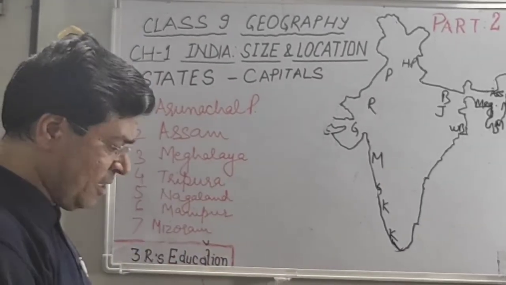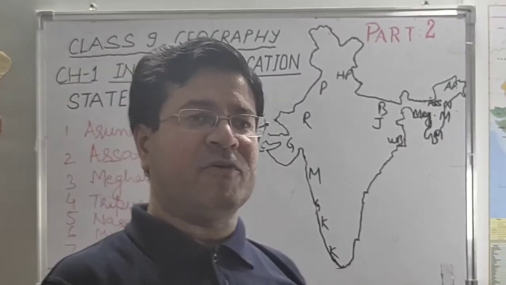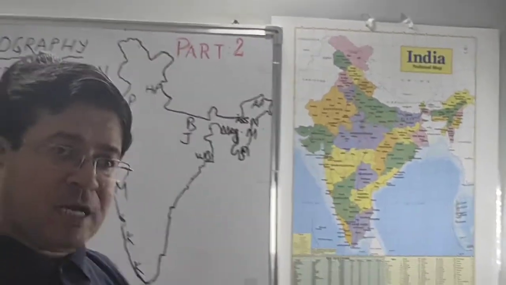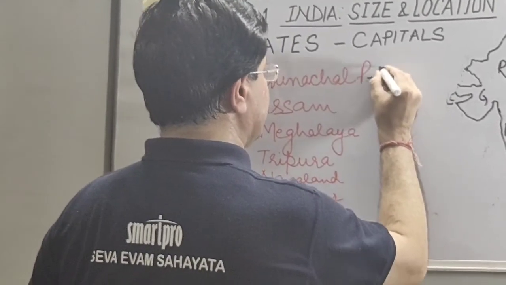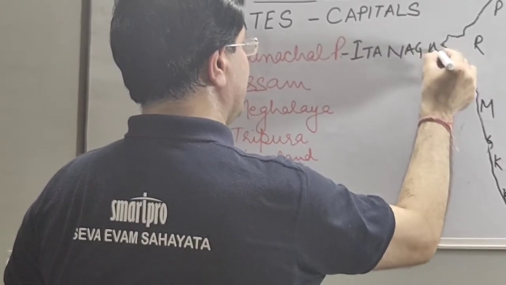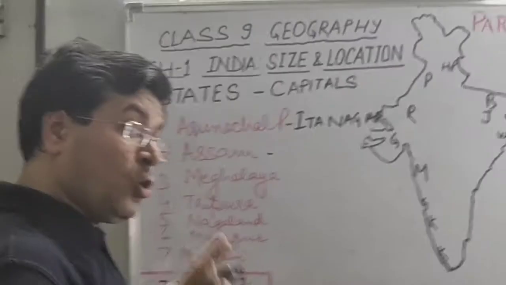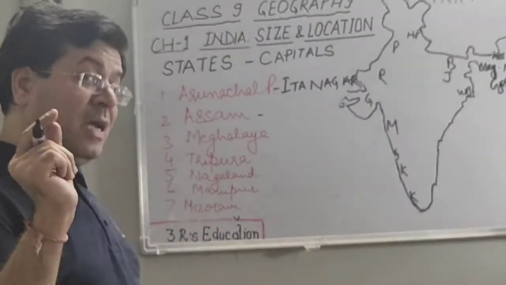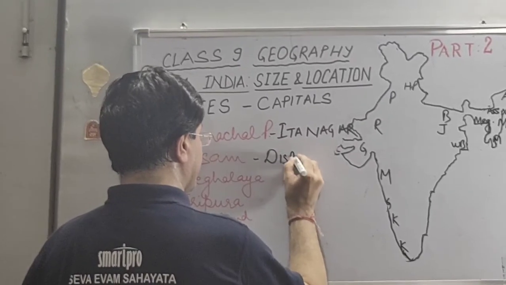So these 7 states are there, and sometimes students ask me that it is very difficult to remember their location. Now you will easily remember their location and names, and now we'll see their capital cities. Arunachal Pradesh's capital is Itanagar. If you yourself locate the states, you will definitely remember their names, locations and capital cities. Guwahati is the most famous city of Assam, but its capital is Dispur.